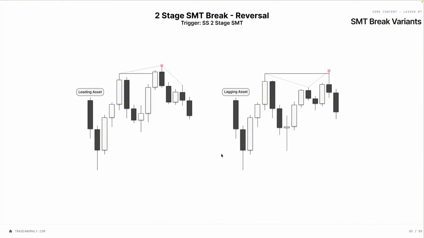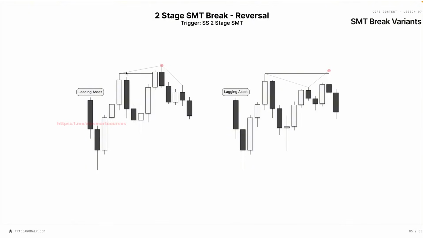Now let's go over another ideal scenario for SMT break reversal. And this is a two-stage SMT in the form of a string switch. It's going to create a high, as you can see, a high on this asset, a high on this asset. And then that lagging asset actually goes ahead and breaks that SMT and simultaneously creates a new one, as you can see. This asset breaks the overall SMT but creates a new one with the high that was actually created with that first stage SMT.